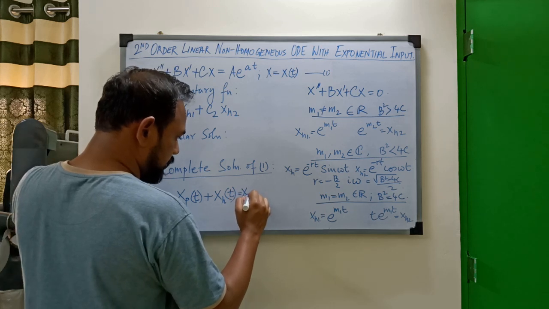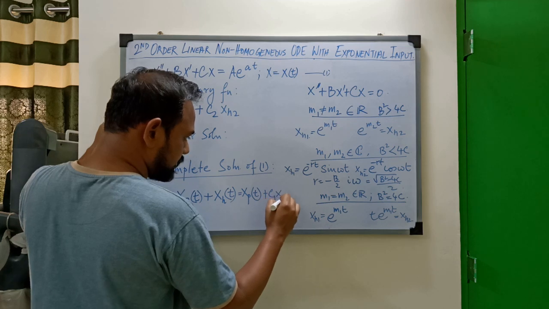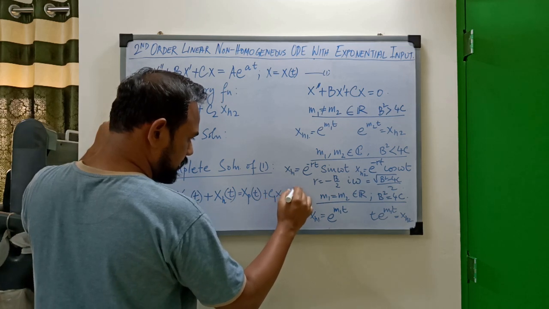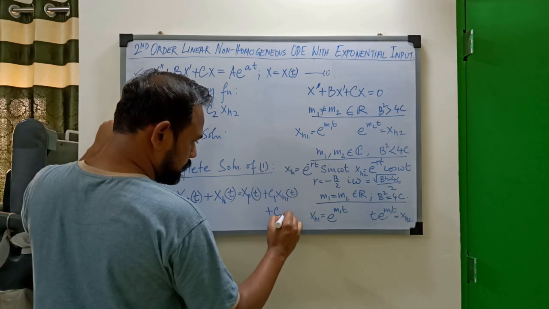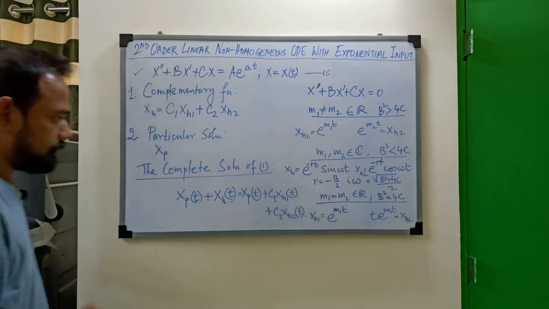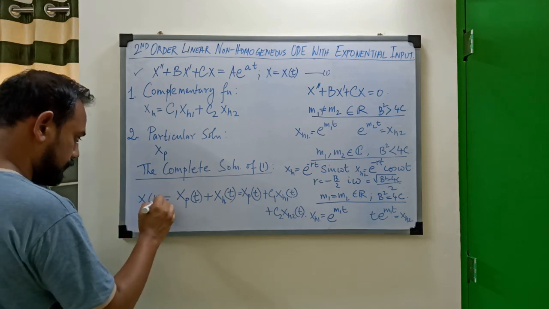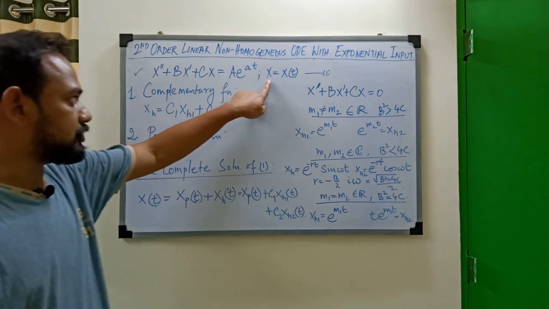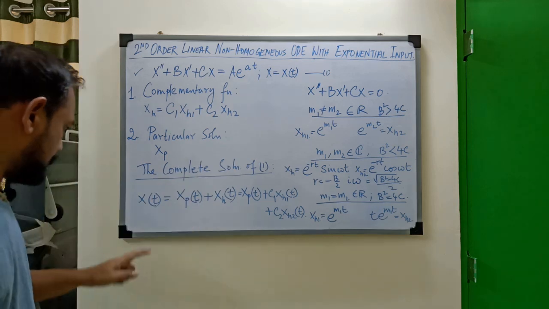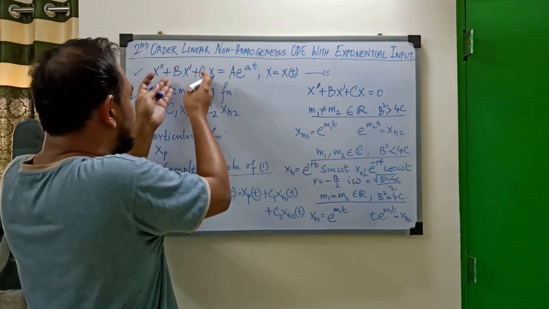So that's just xp(t) plus c1 xh1(t) plus c2 xh2(t). This is what I call that function x of t, the complete solution which satisfies this equation.